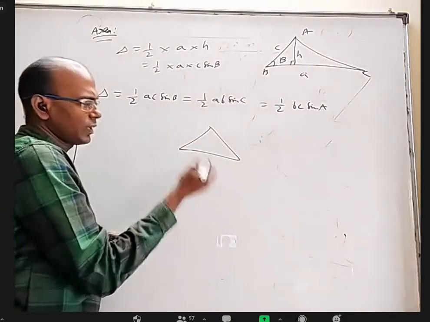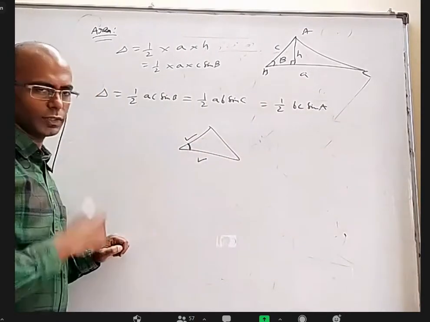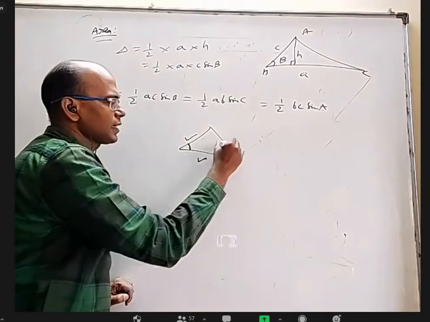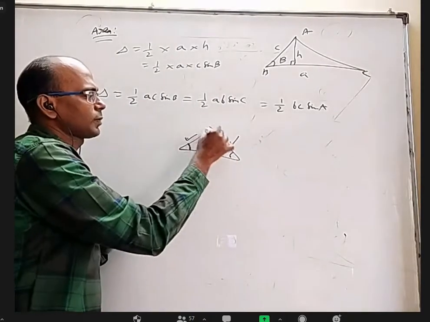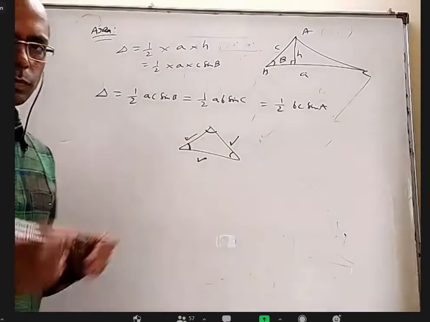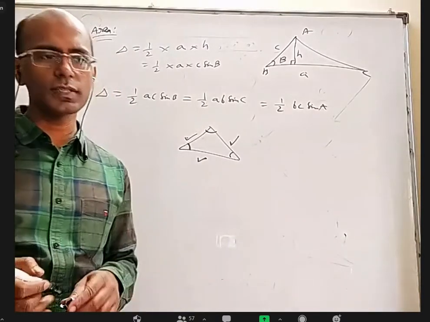If you want area of triangle, take this side into this side into sine of the angle between them, half of that. So, product of two sides into sine of angle between them, half of that is area of the triangle.